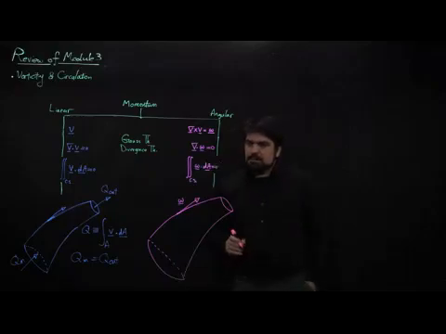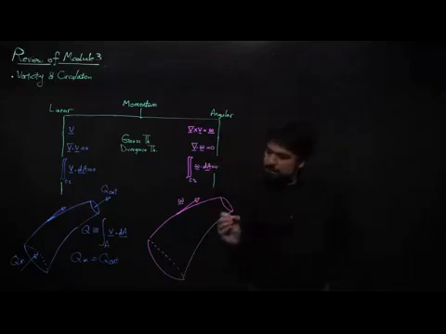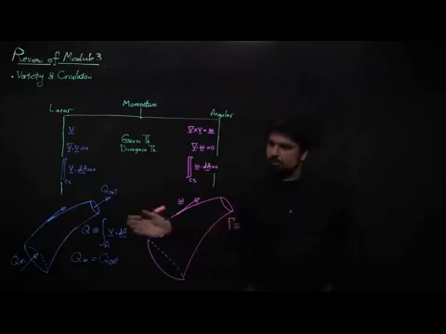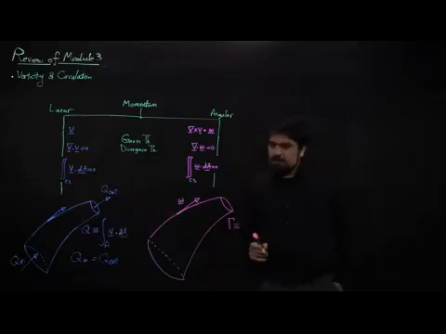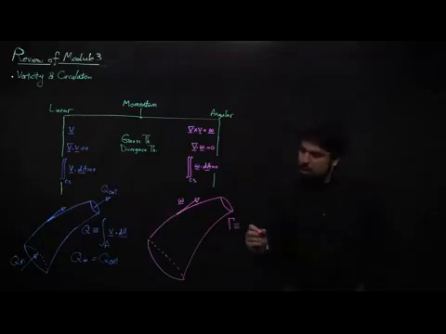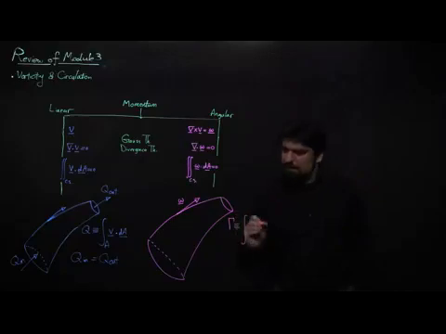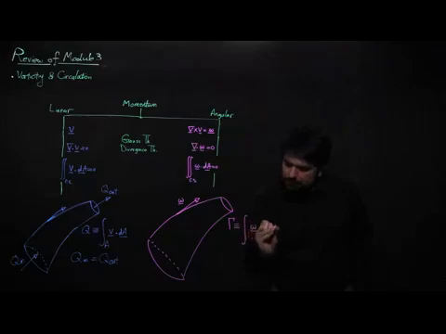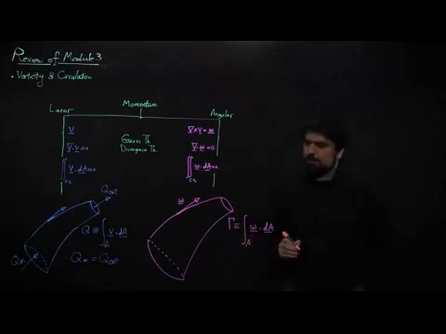And now I can define something very much equivalent to volumetric flow rate, but I call it by a different symbol, gamma, and I call it circulation, which is the net flux of vorticity coming out of an area of interest. So it's an area integral of the flux of vorticity coming out of an area.